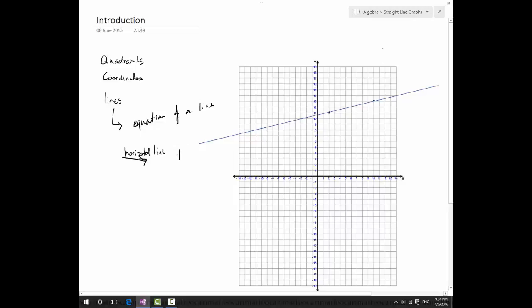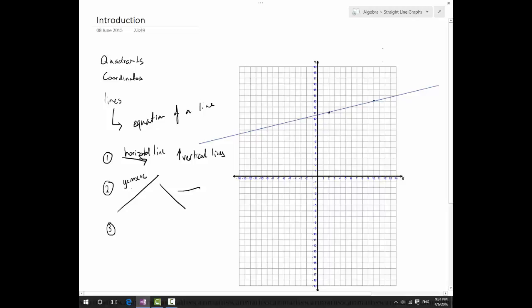And we'll talk about vertical lines which go straight up. And then that's in our first proper lesson. Then the next lesson we'll talk about lines that go on the angles, just like these ones. And we'll give them the form y equals mx plus c.